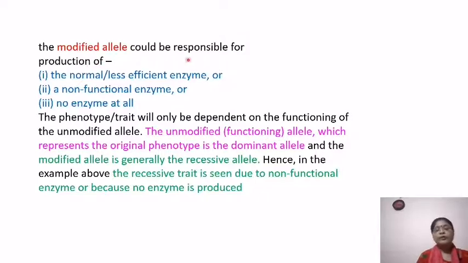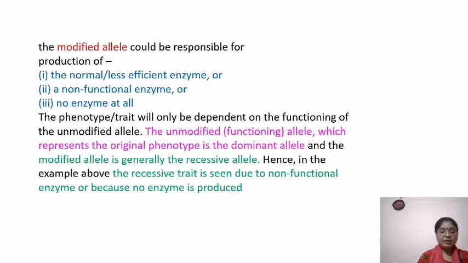It would also be possible that it leads to a non-functional enzyme, or no enzyme at all. The phenotypic trait will only be dependent on the functioning of the unmodified allele.